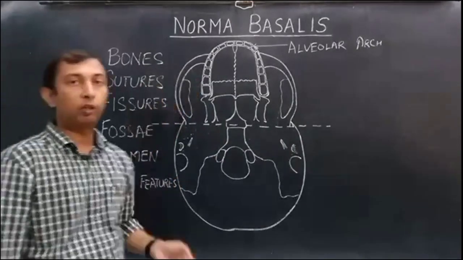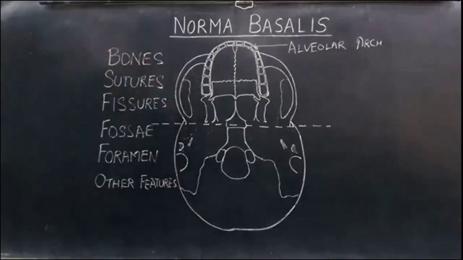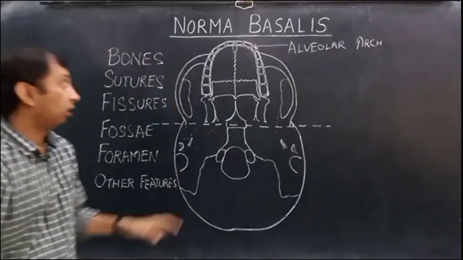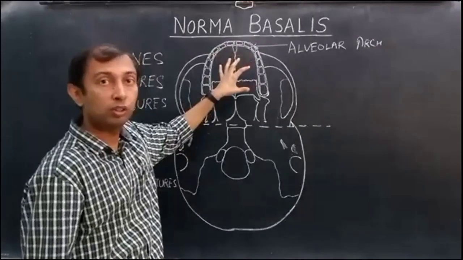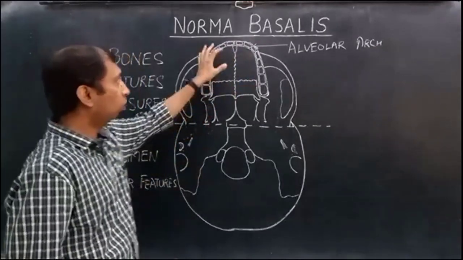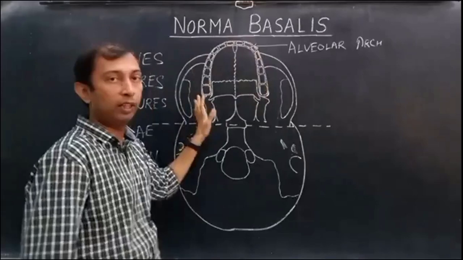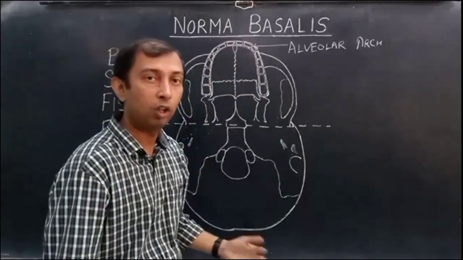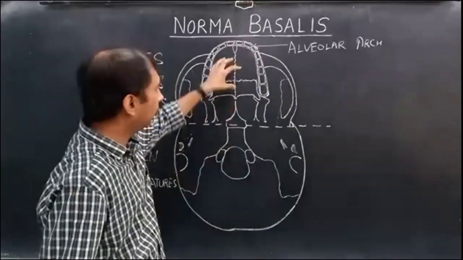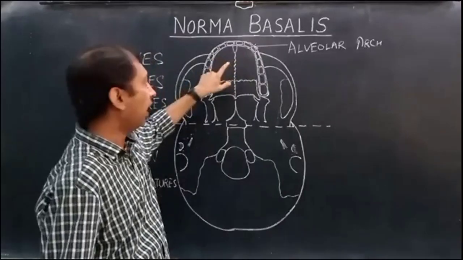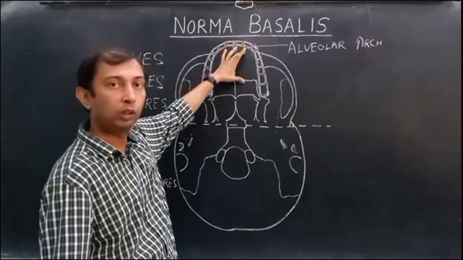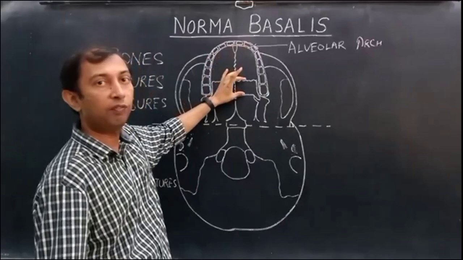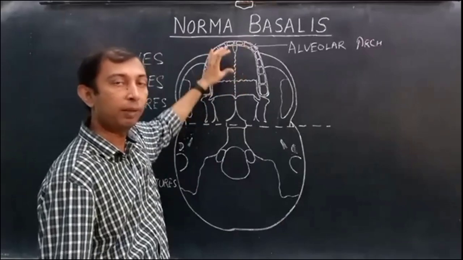So when we are talking about the anterior part of the Norma Basalis, what are the bones that we need to identify? We have already identified the alveolar arch, and the alveolar arch is part of the maxilla. Then this is the hard palate, and it is made up of an anterior 2/3 and a posterior 1/3, and these are separate bones.